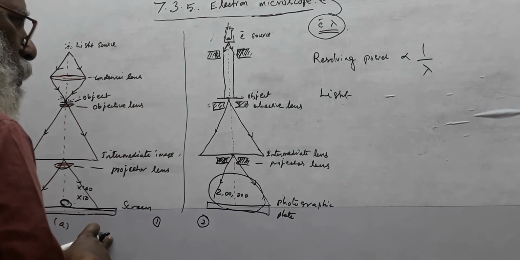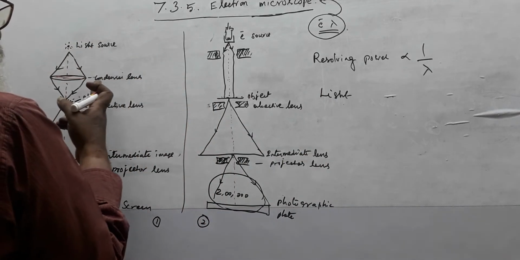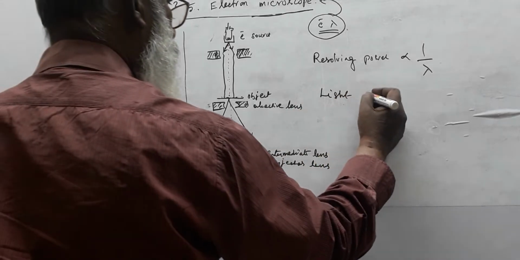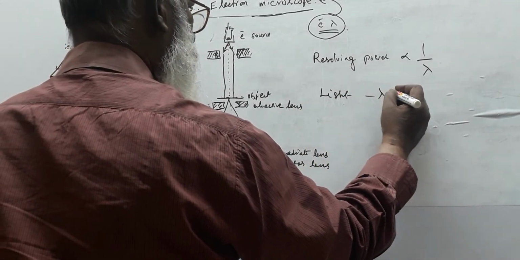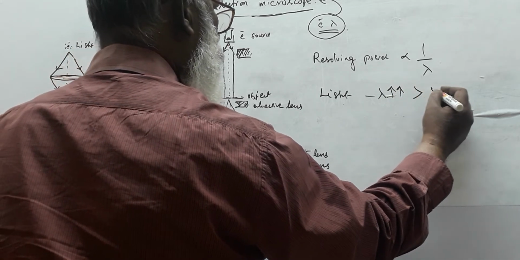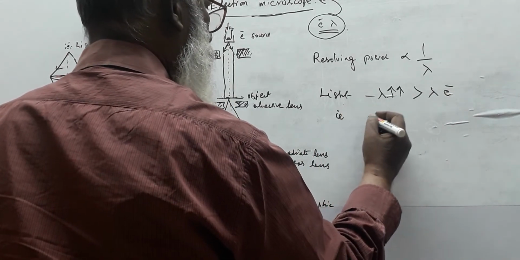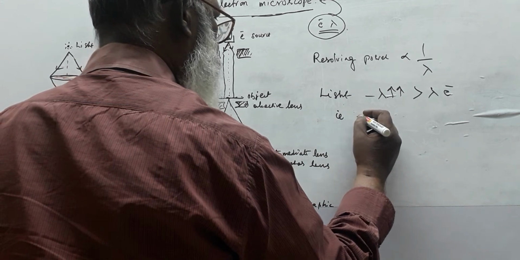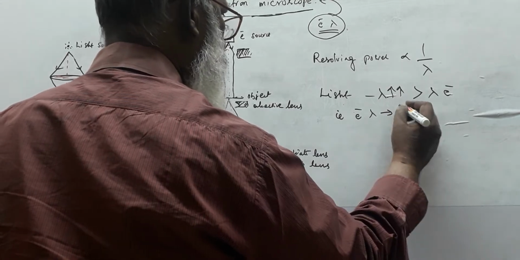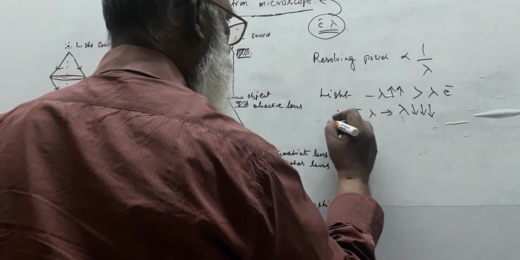In an optical microscope, we are utilizing light rays from the source, and here the wavelength is very much greater than the wavelength of electrons. That is, the wavelength of electrons is very, very less.